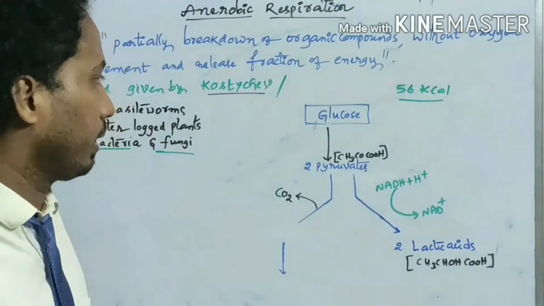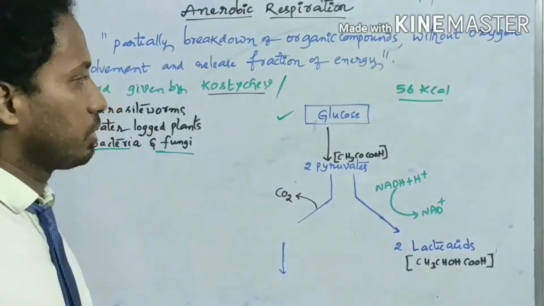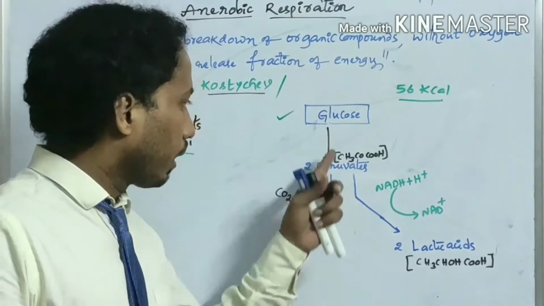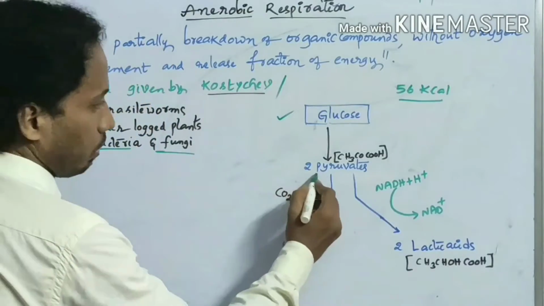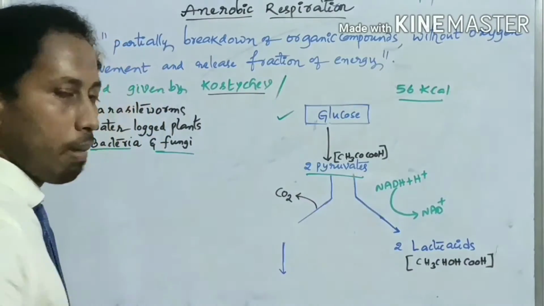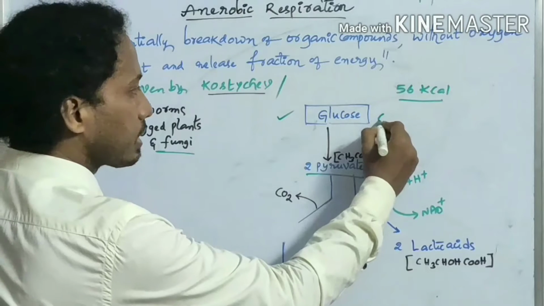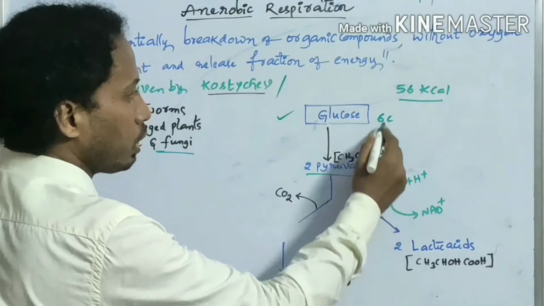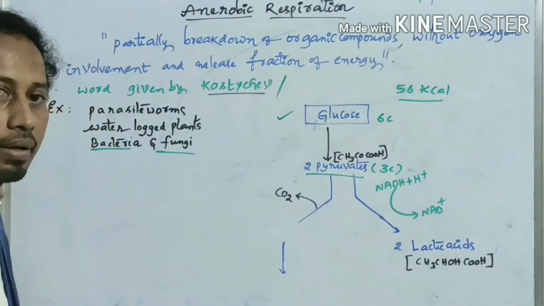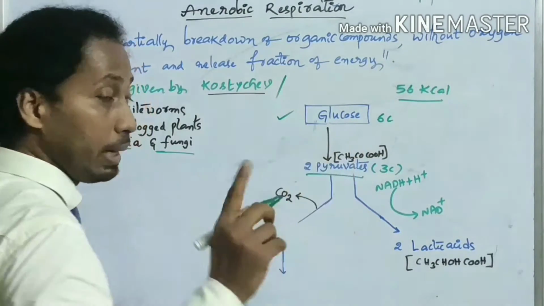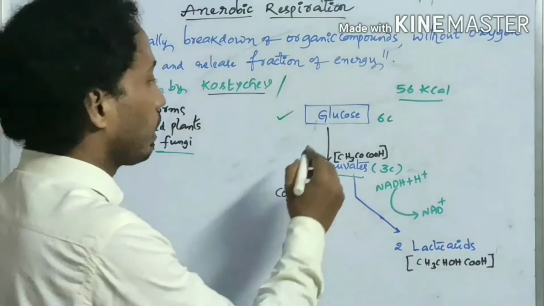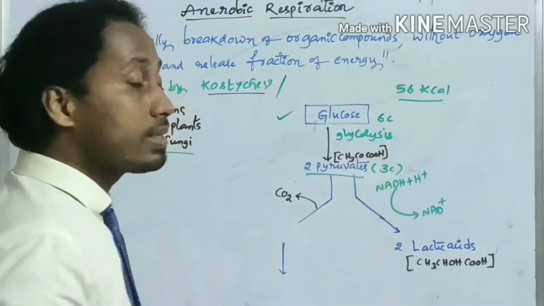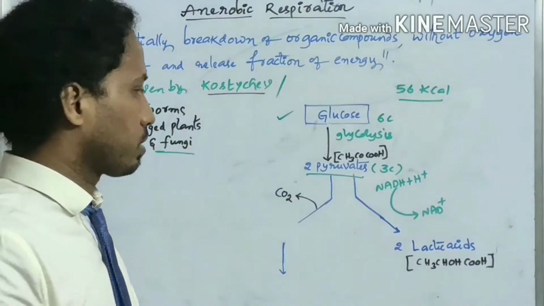electron transport chain. If you watch the mechanism, glucose, the energy source, breaks down into pyruvate molecules. Glucose is a 6-carbon compound and pyruvate is a 3-carbon compound. When glucose undergoes lysis, that is glycolysis, as I told in the previous video, it results in 2 pyruvate molecules.